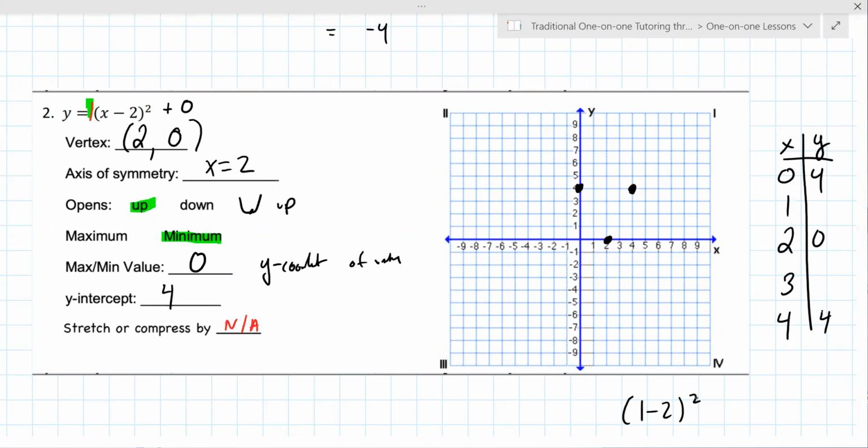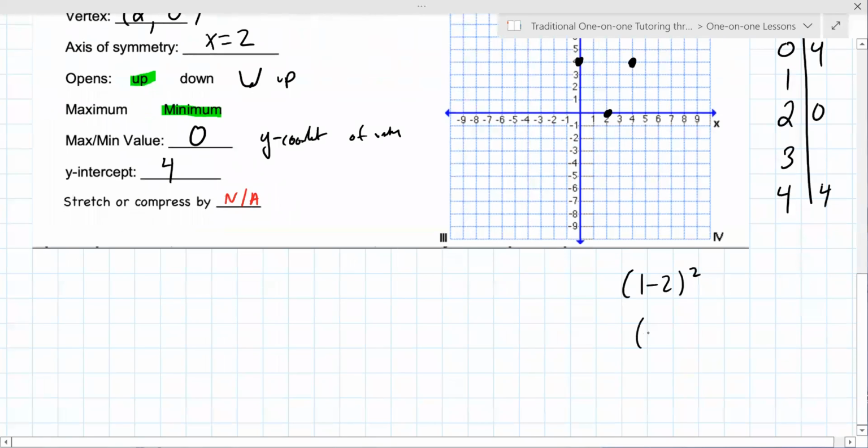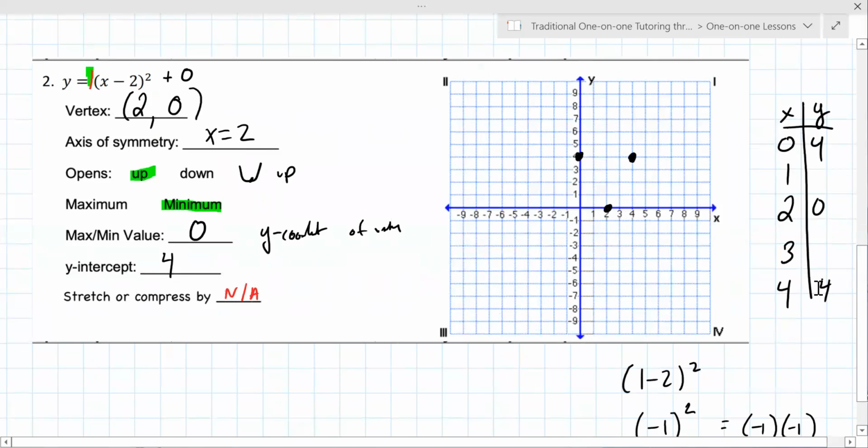It's 1 to the power of 2, which is 2. No, it's negative 1 to the power of 2, which means negative 1 times negative 1. Yeah, I forgot about negatives. So that ends up being 1. And 3 is also 1 by symmetry.